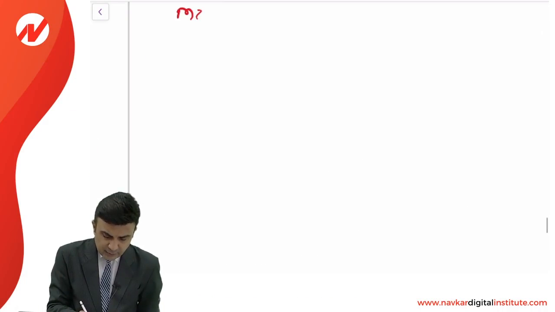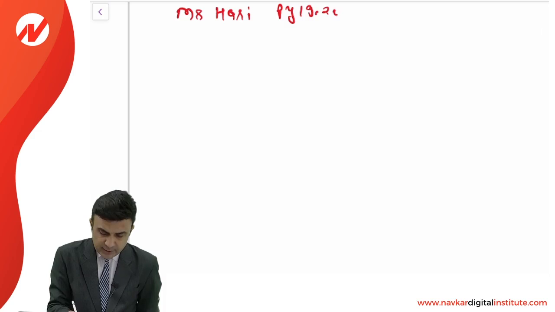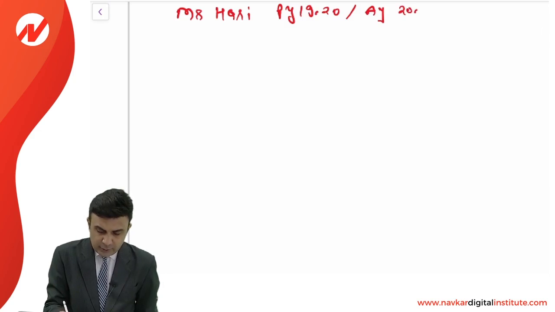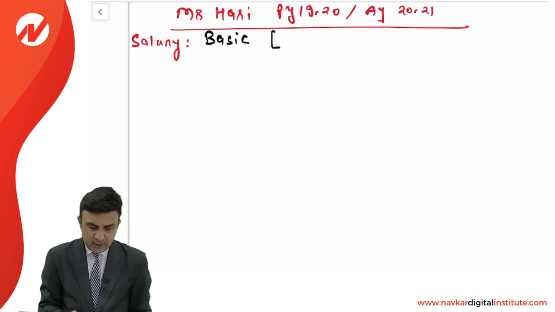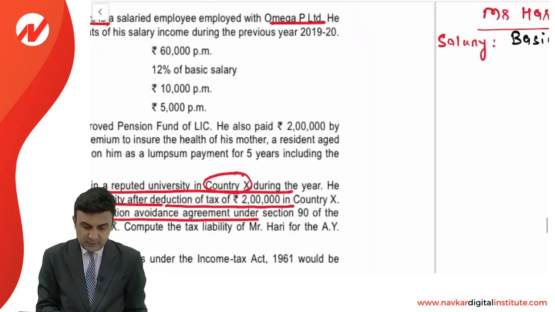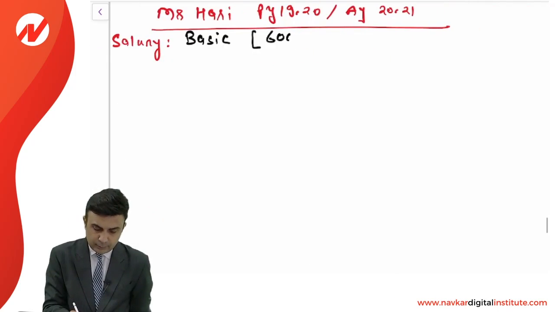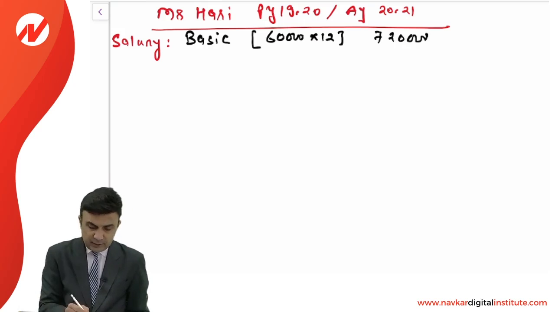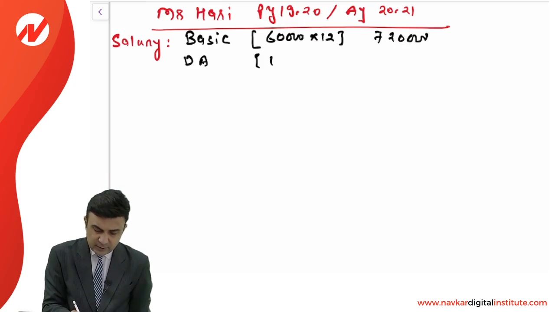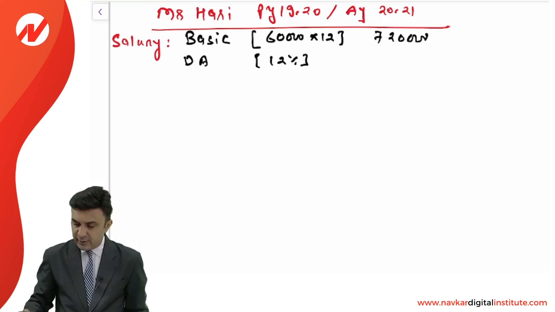Friends, let us have it for Mr. Hari for the previous year 2019-20 relevant to 2020-21. Under the head salary, we have basic salary earned by my assessee, that is 60,000 per month, multiplied by 12 is 720,000, plus my assessee has DA of 12% of salary.